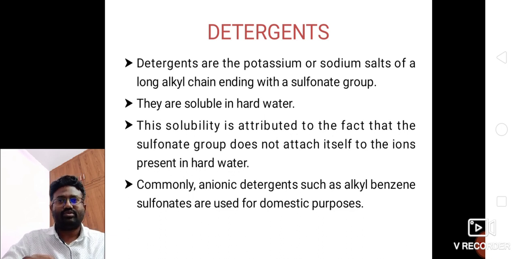The surfactants produced are then reacted further with acids containing sulfur and form another kind of anionic surfactant.